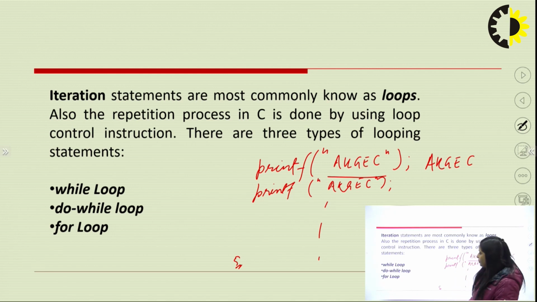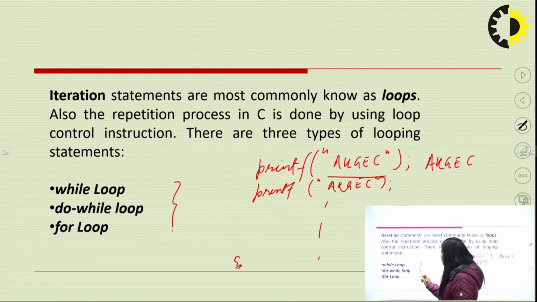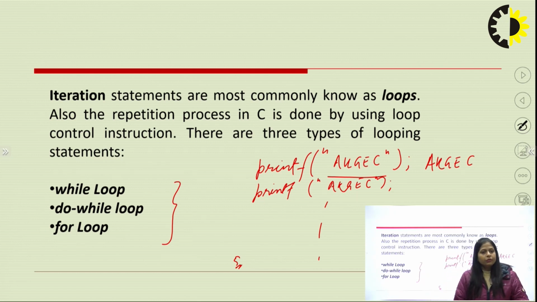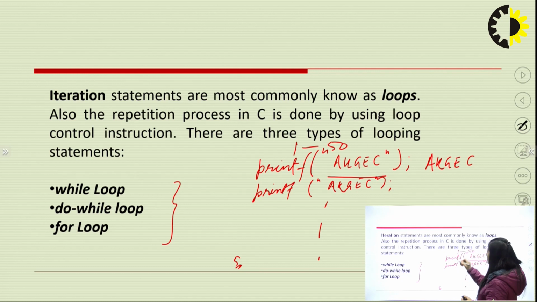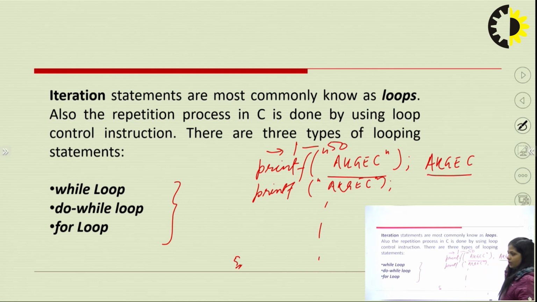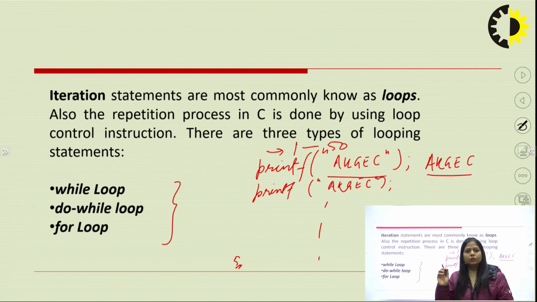That's why we have the concept of a loop. We simply apply a loop from 1 to 50, and with the help of the loop that statement will execute and display the required output. As simple as that.